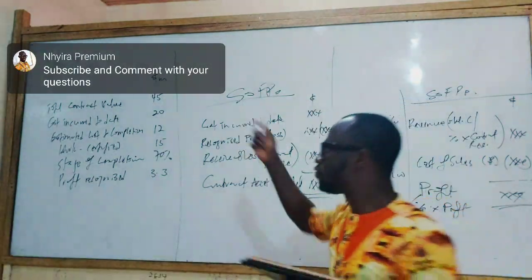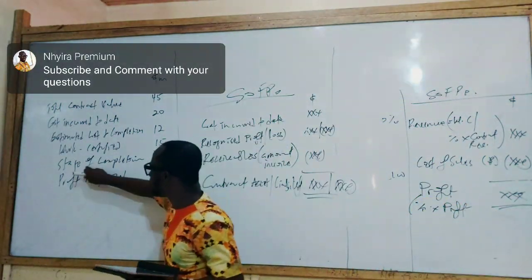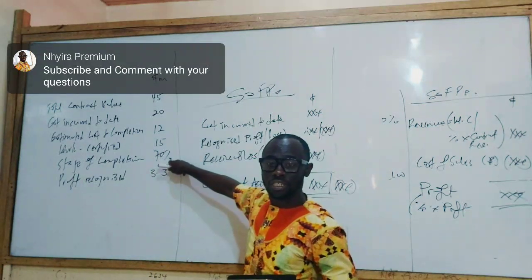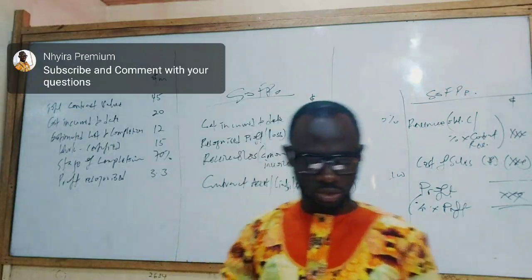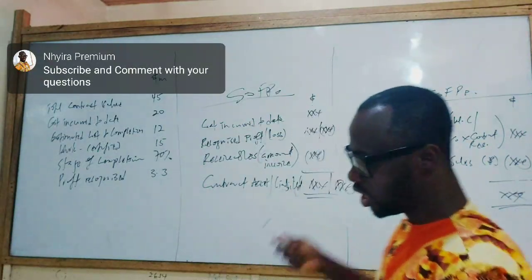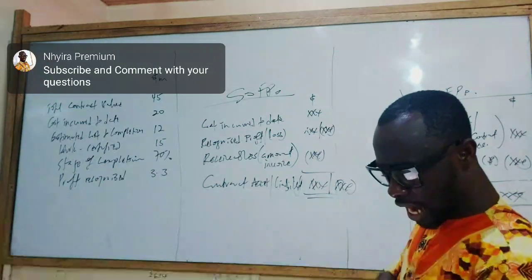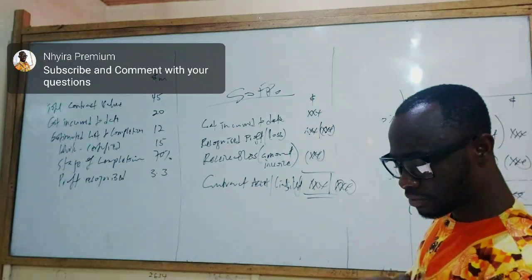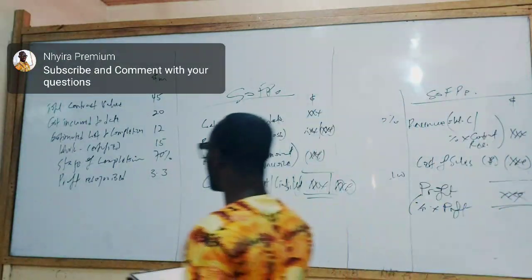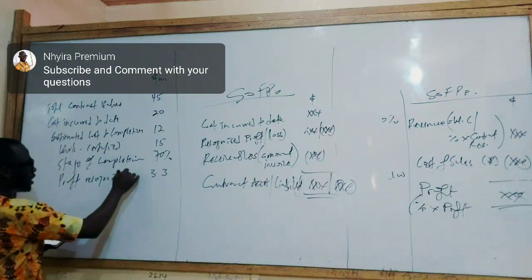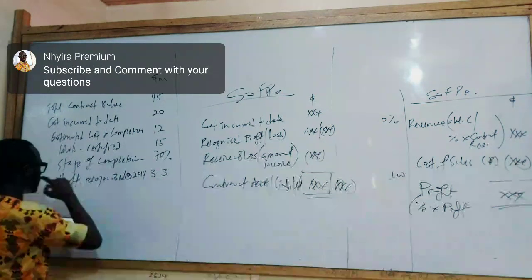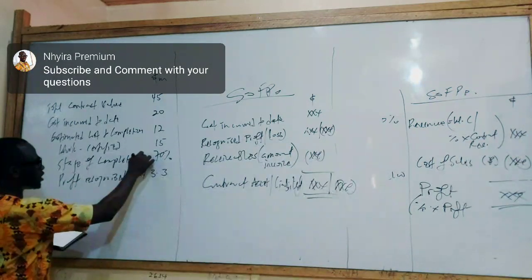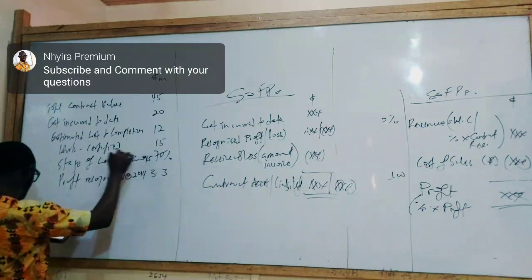But in this question for Alex, we've been given the percentage of completion as 70%, and we've been told about the profit that we need to recognize as well, 3.3. Now, this recognized profit was at 2014. I think I need to put the dates there very well. This was at 2014. Then this stage of completion is at 2015.